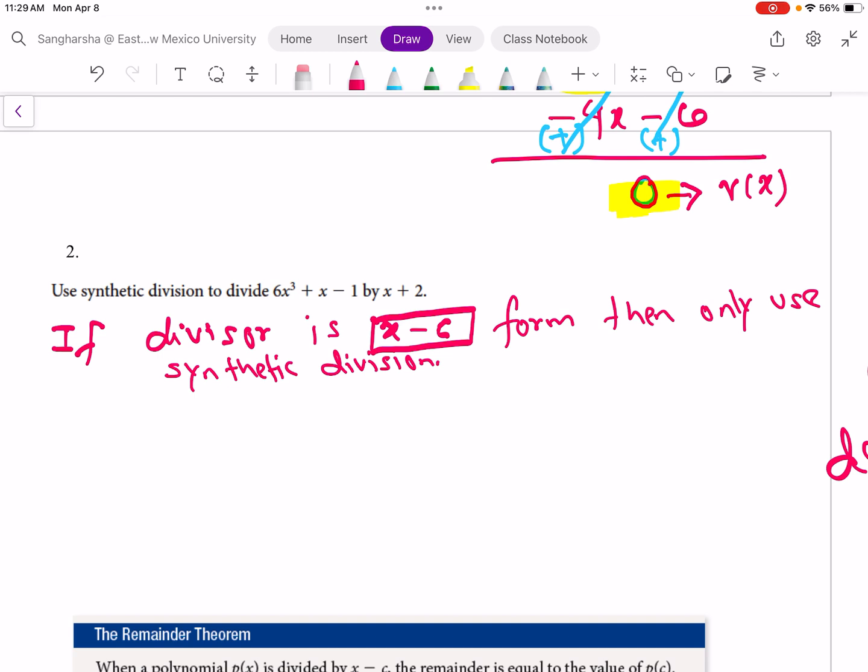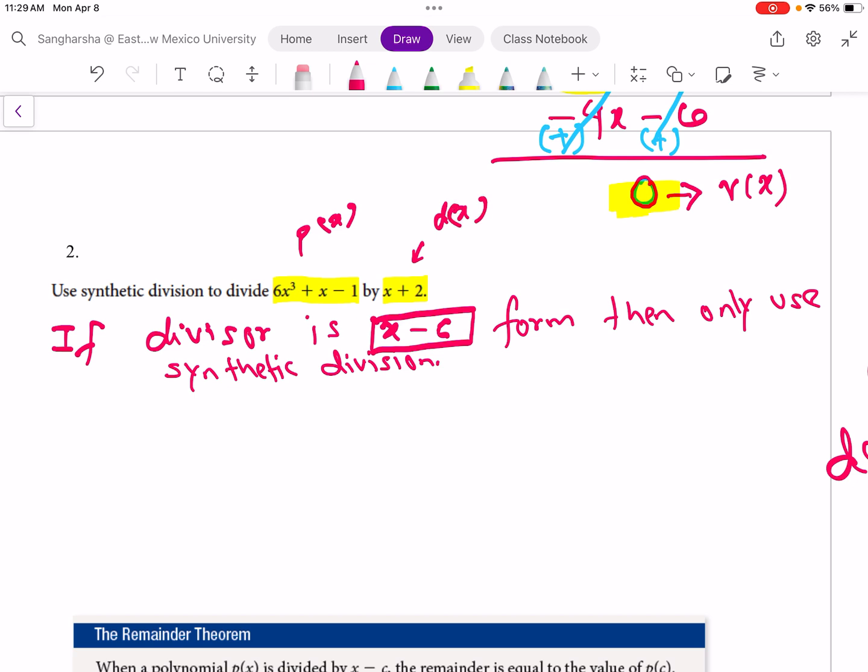Now for this example, which one is the divisor? x plus 2, right? We are dividing 6x cubed plus x minus 1 by x plus 2. So 6x cubed plus x minus 1 is our polynomial P of x, and this is our divisor d of x.